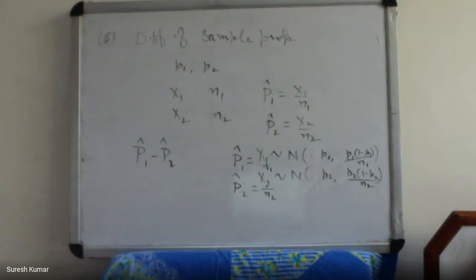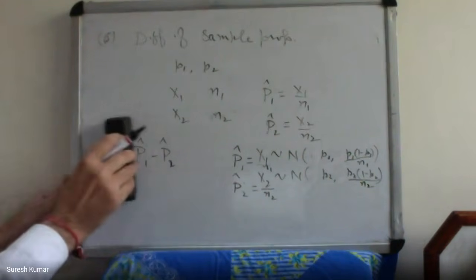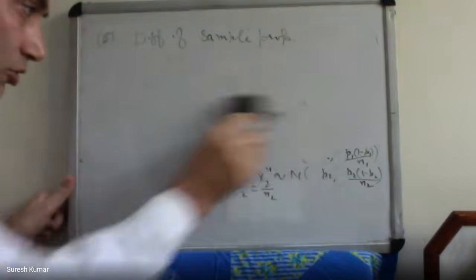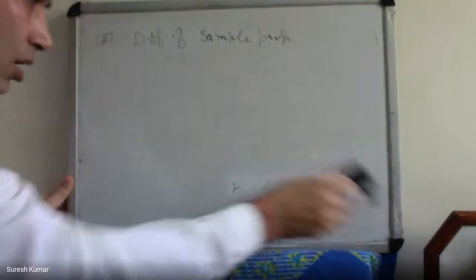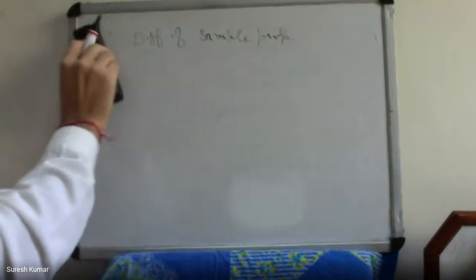All right. So we are done with different types of sampling distributions. Now let's do a couple of examples.